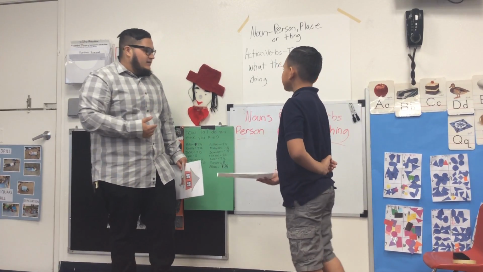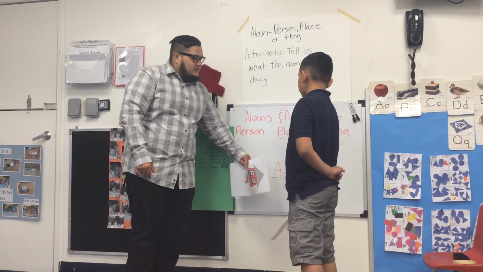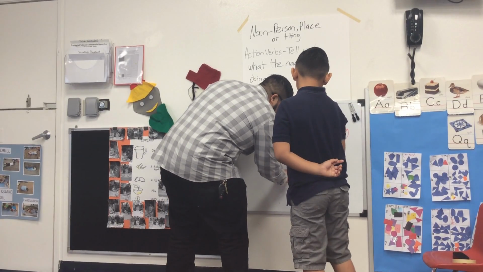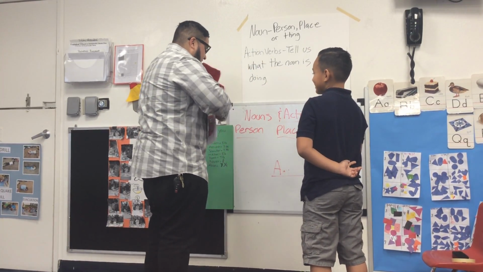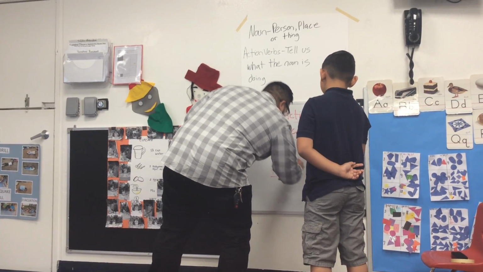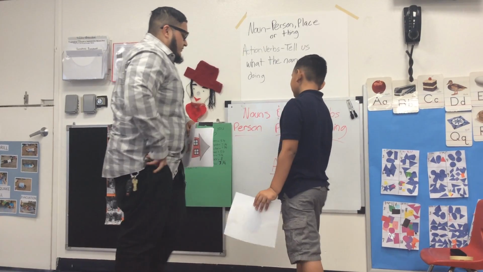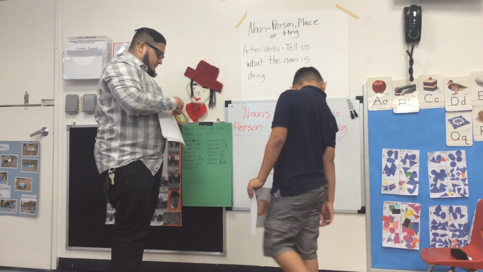Reading. So is this going to be a noun or an action verb? It's an action verb. Excuse me, I think I put AC right here. I'm sorry, it's just so hot that I'm thinking about the air conditioner. Action verb. There we go. Go ahead and grab some tape, and we'll put this under action verb.